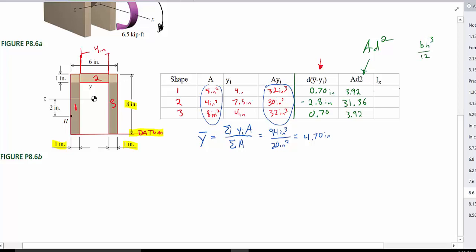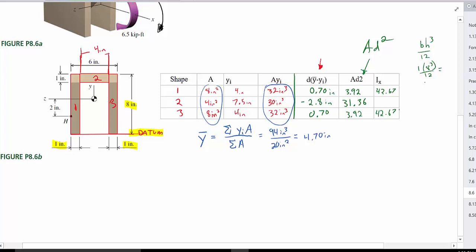So our moment of inertia for the first one, which is also the moment of inertia for section 3, is 1 multiplied by 8 cubed divided by 12, which equals, as you were, I skipped a step, 42.67.